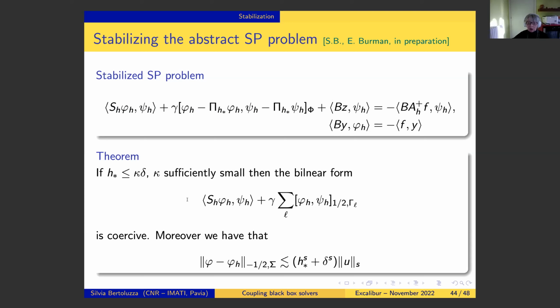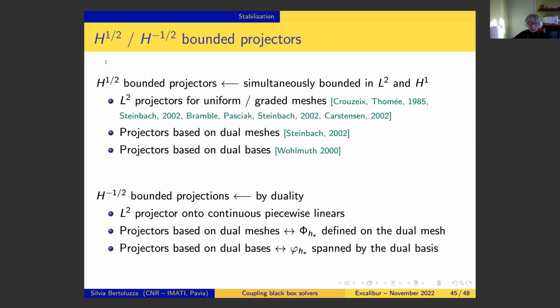In general, the stabilized Steklov-Poincaré problem is well posed. And we have this kind of error estimate, where now I have this H star that enters the error.